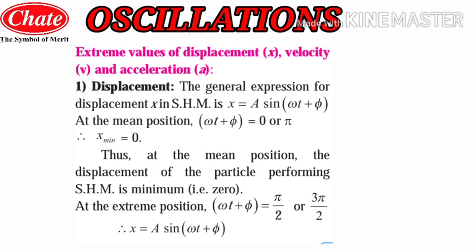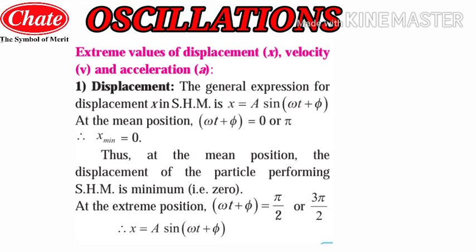Now at the mean position, this value, that is ωt + φ, will become 0 or π, means they will be lying on the horizontal line. So the minimum value of x will be at 0 or π. Now thus at the mean position, the displacement of the particle performing SHM is minimum, that is 0.